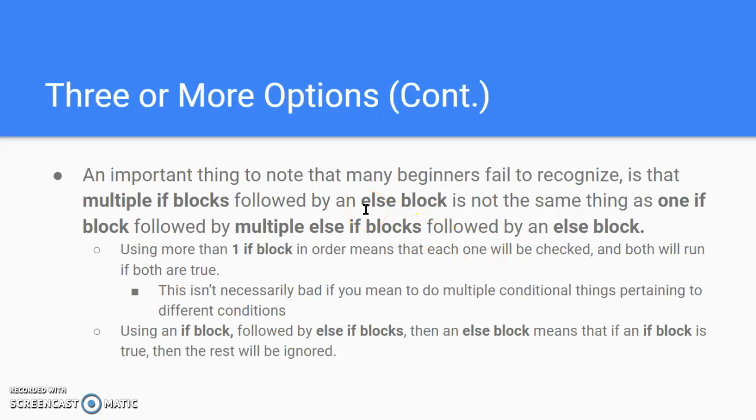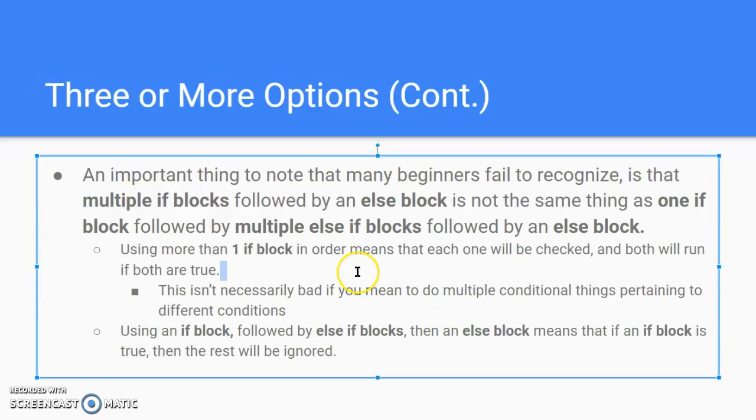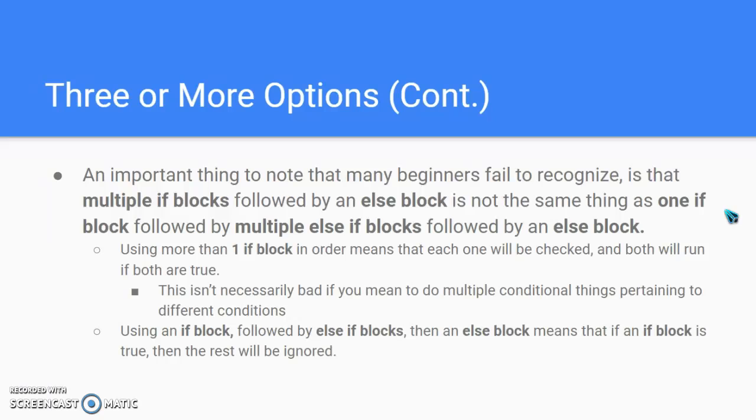Now, the reason why is that an if block will run right after an if block. However, an else-if block will only run if the prior if block or else-if block are false. This means that every condition will be checked if you have multiple if blocks, but only one condition will be checked if the if block is true, or multiple if the preceding conditions are false.